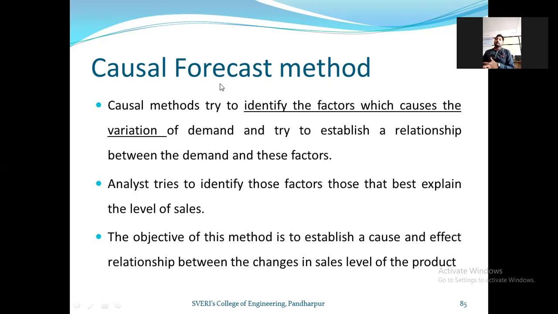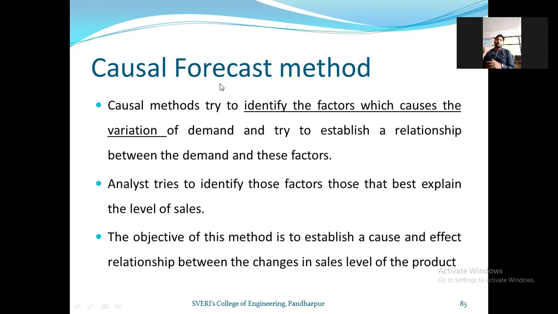And if there is a large error between the actual demand and forecasted demand, that is not a good sign for the company. So we have to determine what different factors are affecting the actual demand of our product in the market.